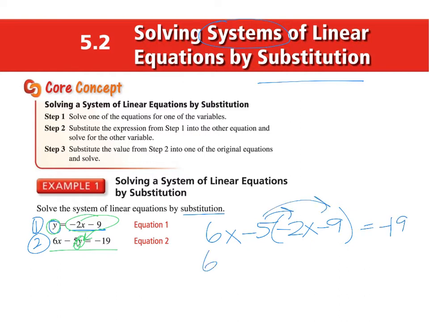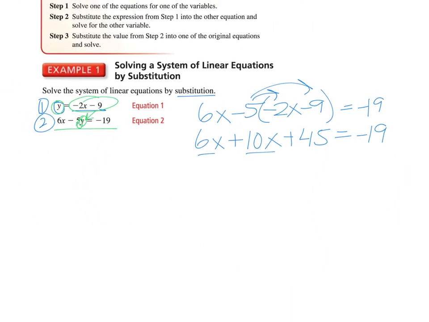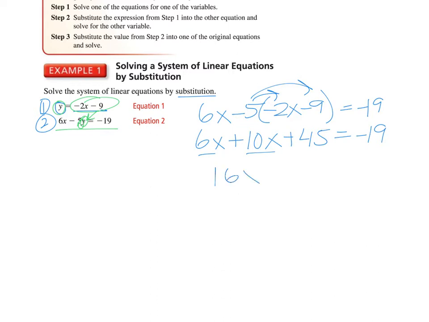All right, so I have 6x plus 10x plus 45 equals negative 19. Adding like terms here, I have 16x plus 45 equals negative 19.